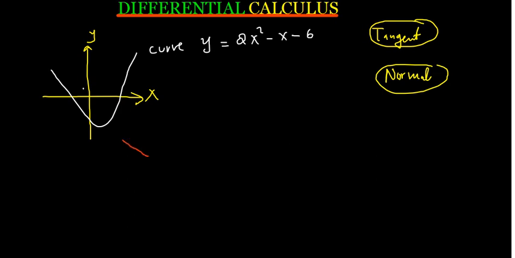So if you see where this curve is turning here, at just one point, you can draw a line like that, which will only touch at one point.